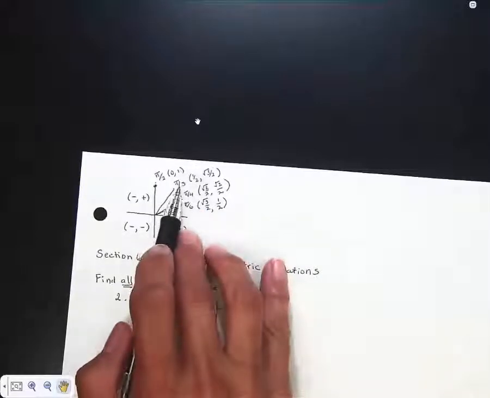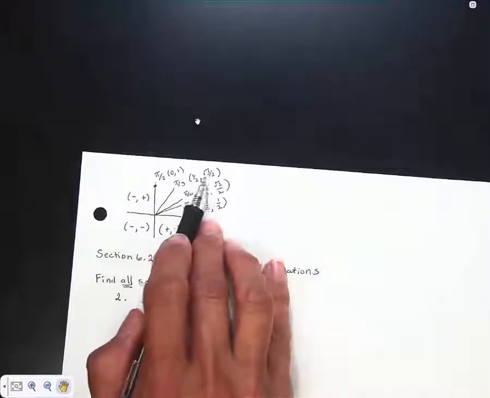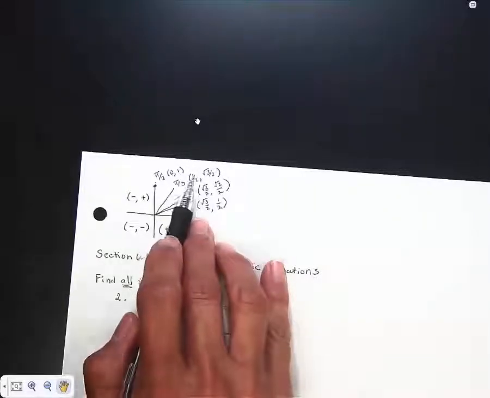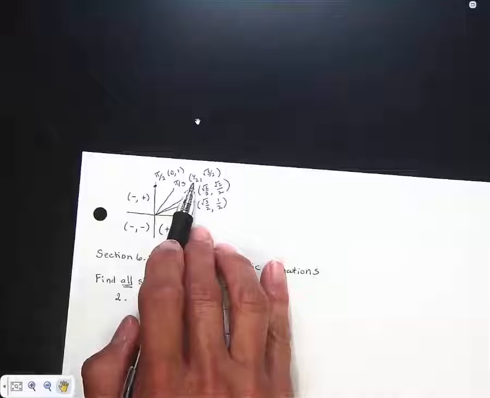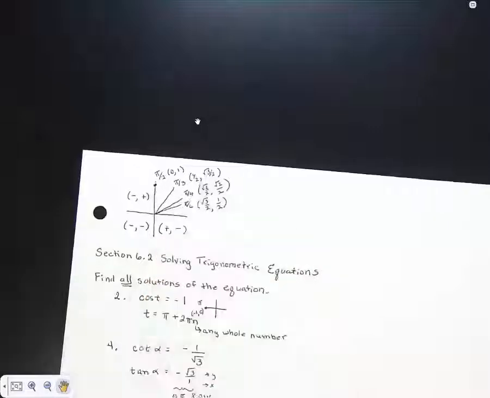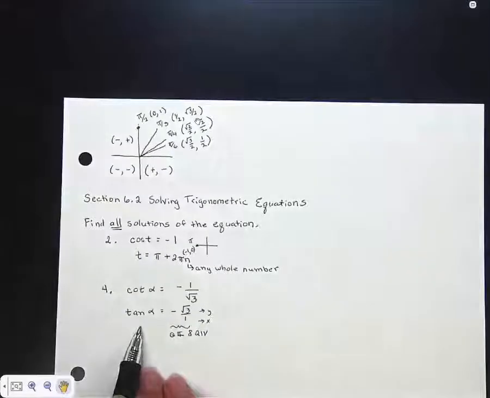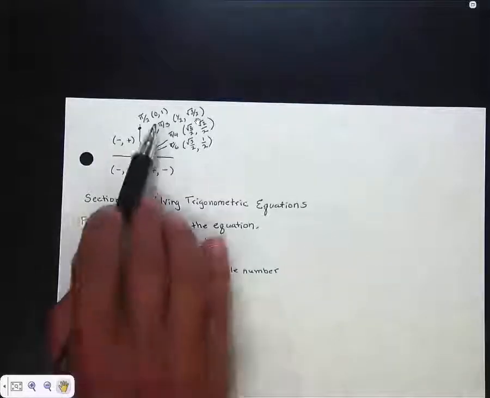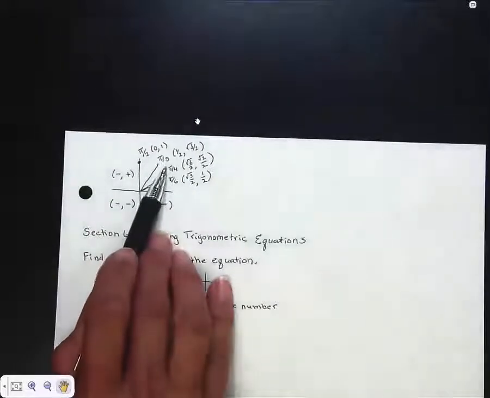So pi over 3, the y divided by the x. Flip the x, the 2's would cancel and leave me square root of 3. So in the first quadrant, if this were tangent alpha is positive square root of 3, then the solution would be pi over 3.